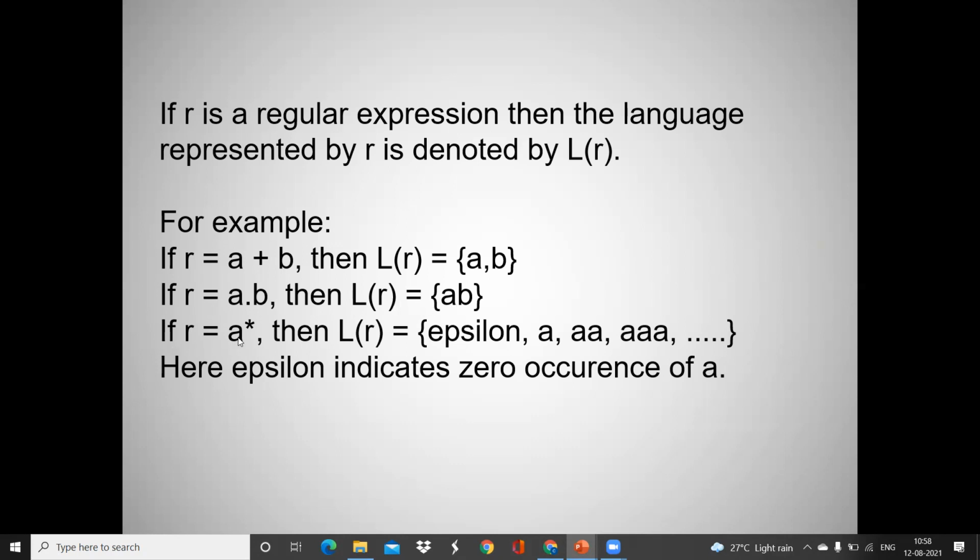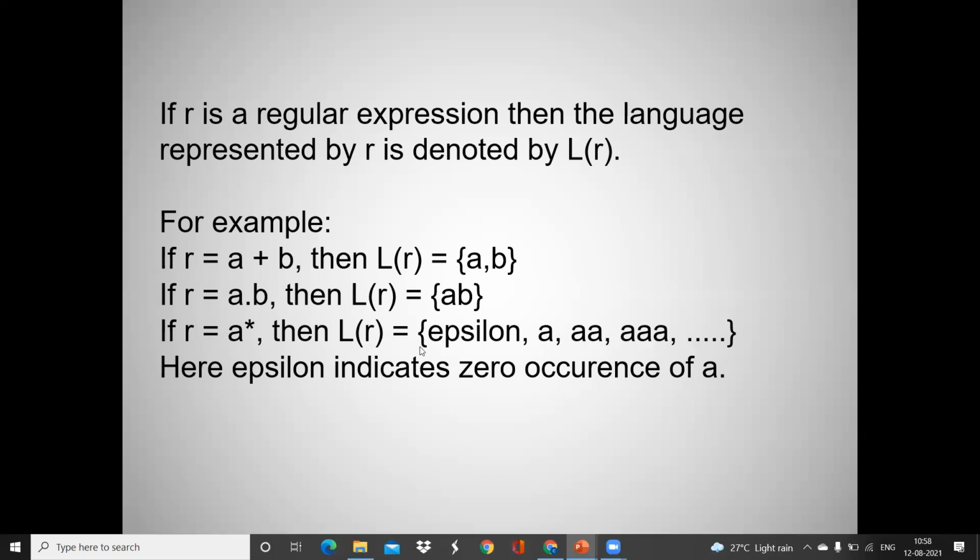And if A star is your regular expression, then the language it will represent will be epsilon, that is the empty string, then comma A. Epsilon means zero occurrences of A, then A, one occurrence of A, likewise.